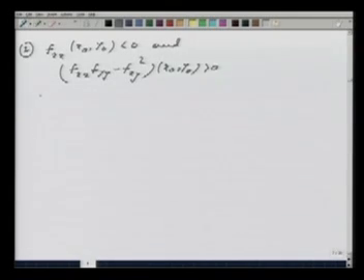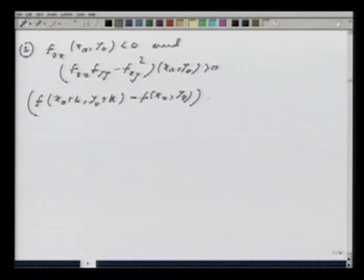So I again write down that f(x₀+h, y₀+k) minus f(x₀, y₀), this times fxx at (x₀, y₀).